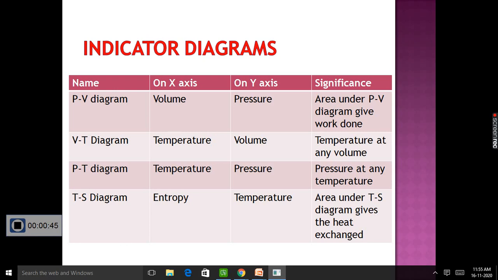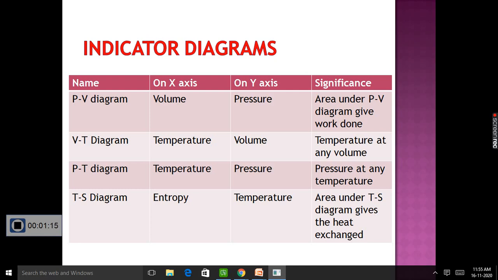Pressure, volume, temperature and entropy are the four thermodynamic coordinates of a gaseous system. If any one of them changes, we can say there is a thermodynamic process. So more than one variable may change.